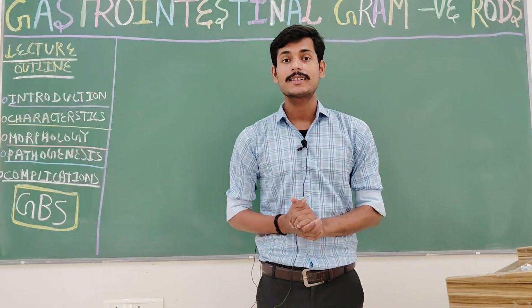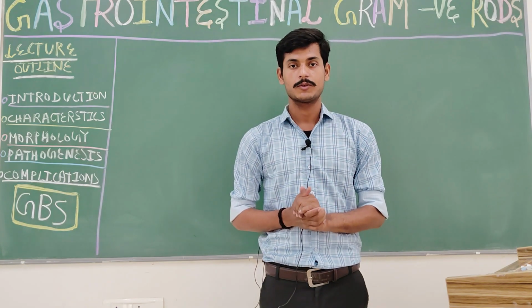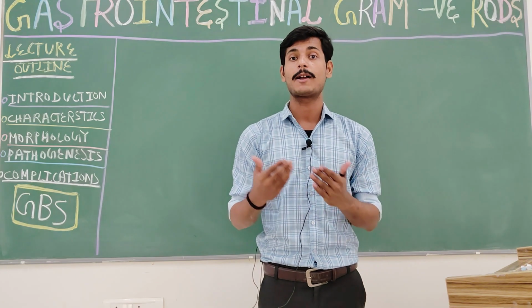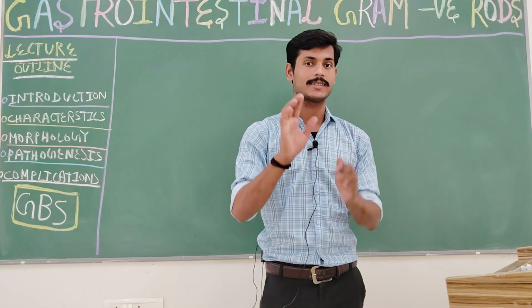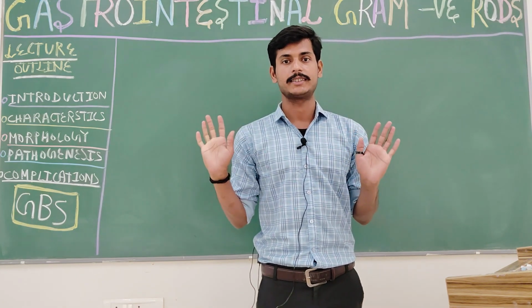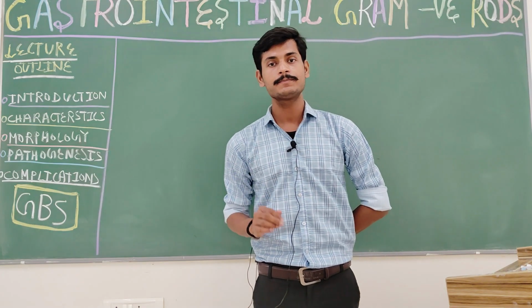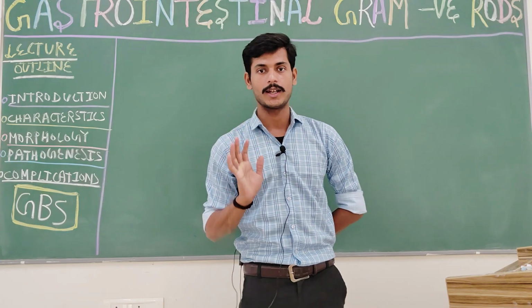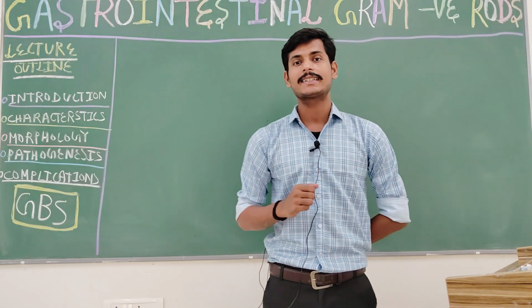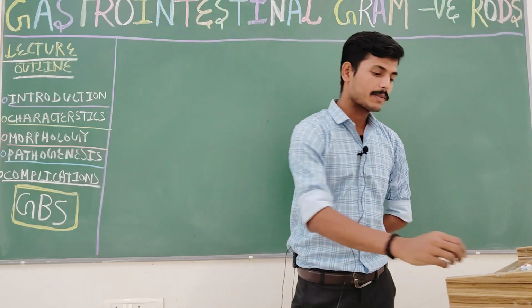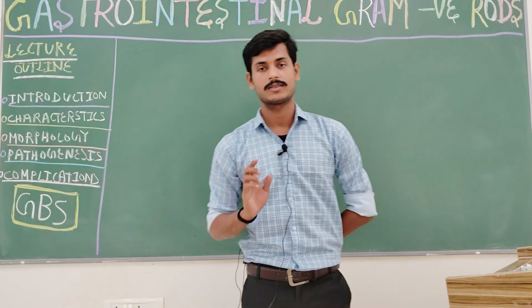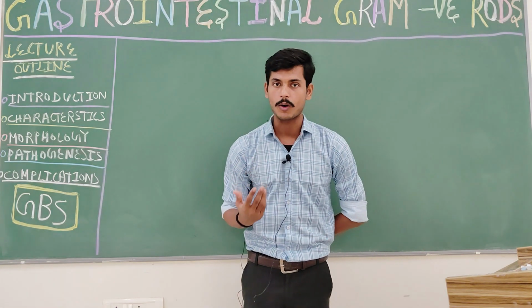Most of the gastrointestinal discomfort caused by the genus Campylobacter is due to Campylobacter jejuni, approximately 80%, and the remaining 20% is caused by Campylobacter coli. We already discussed that Campylobacter species is a gram-negative rod.